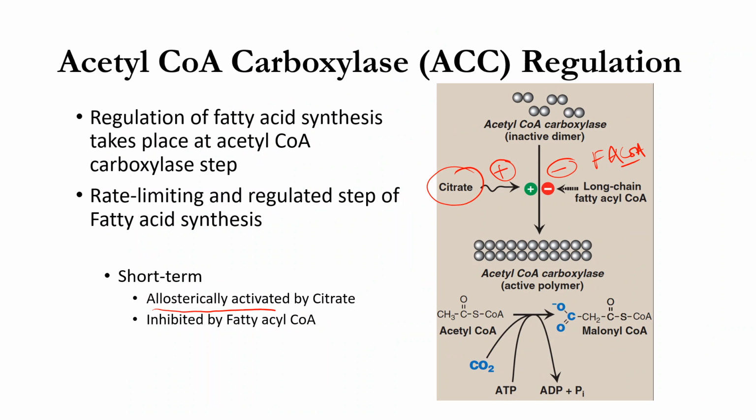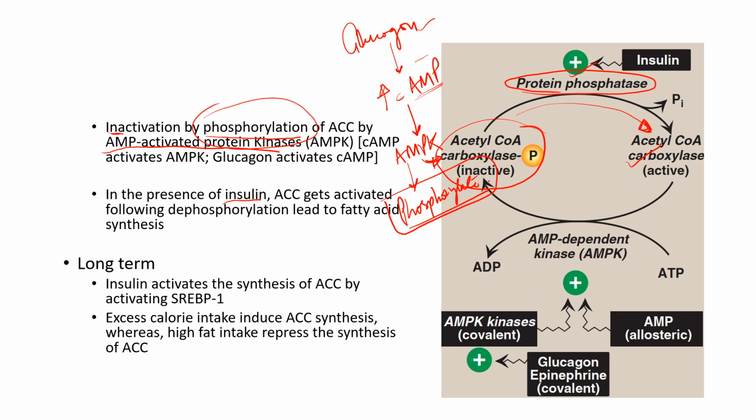Allosteric we have learned, it is activated by citrate and deactivated by fatty acyl coenzyme A. However, in the covalent modification, phosphorylation will lead to deactivation, and dephosphorylation will lead to activation of the enzyme.